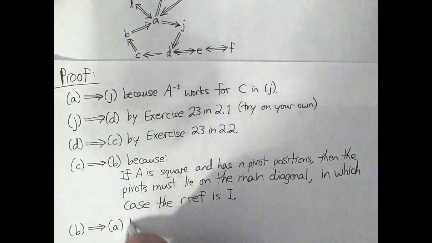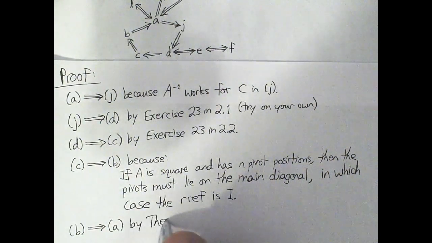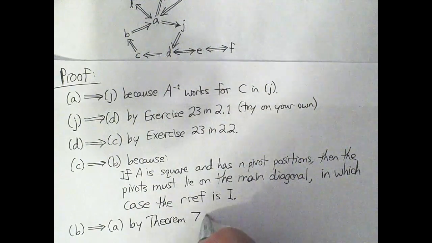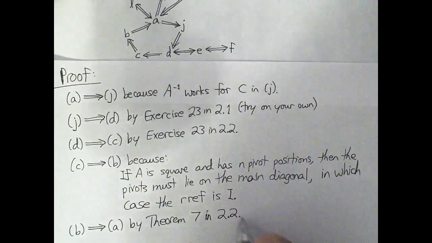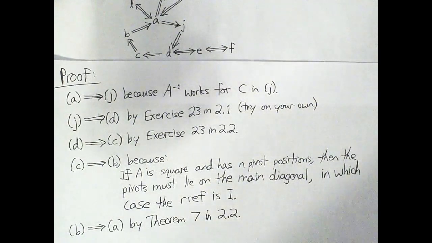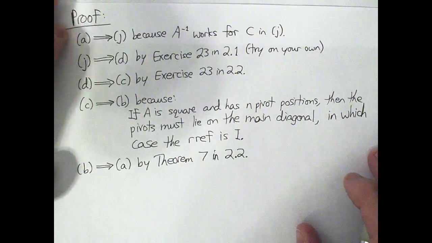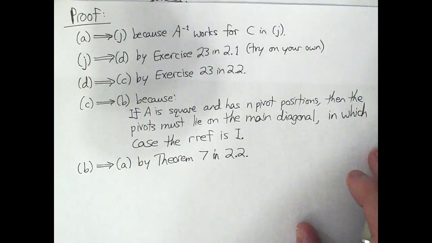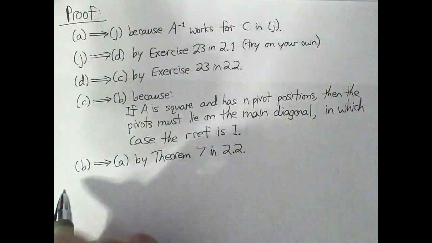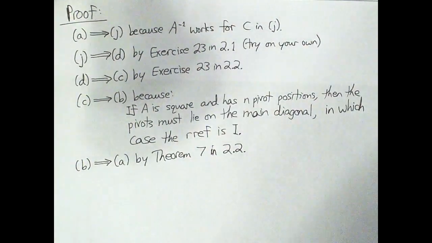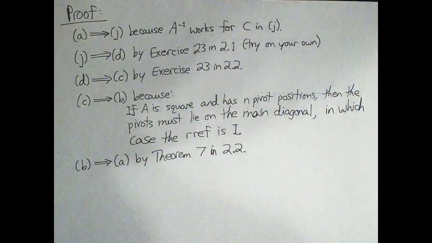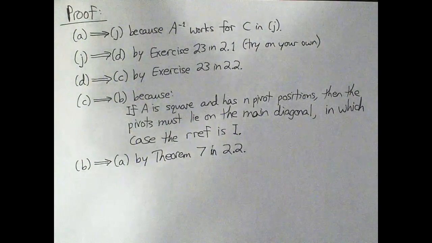Well, we discussed that a little bit in Theorem 7 in 2.2, the previous video. So some of these parts of Theorem 8 are basically proved as separate theorems in previous sections. So we closed that loop, by the way. I know we kind of moved the page away, but we closed that loop.